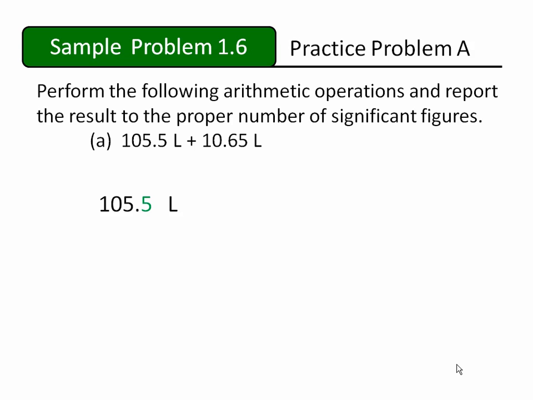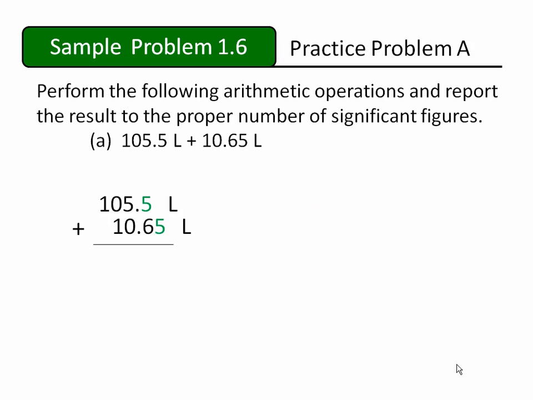It's been highlighted here in green, and this is at the 10th decimal place. The measurement 10.65 liters has uncertainty at the 5 as well, but in this measurement that uncertainty occurs at the 100th decimal place.